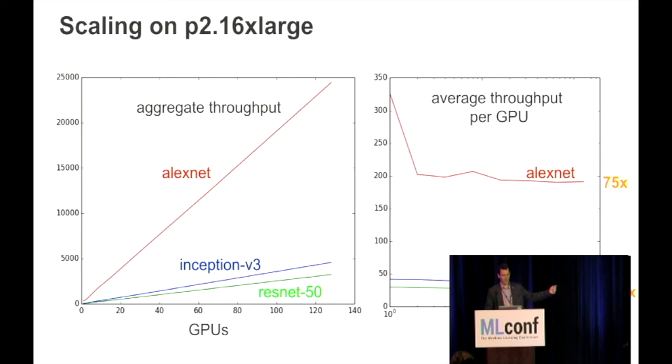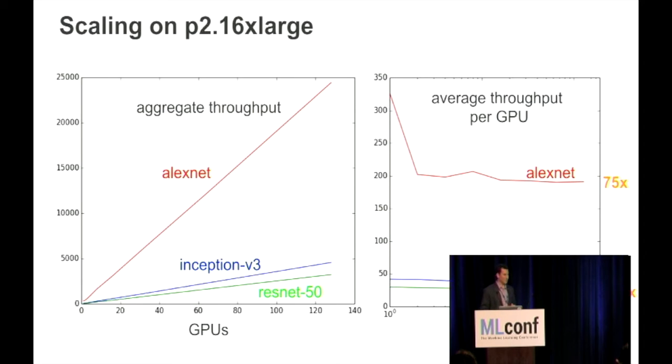That's why it goes from 10 to the 0 to 10 to the 2, because we took up to 128 GPUs. This is on our latest P2 16xlarge instances that came out about 2-3 weeks ago. And what you see is that for AlexNet, on 128 GPUs, you get a 70-fold speedup. And for Inception and ResNet, you get essentially 108-fold speedup. ResNet's a little bit slower because it's a more expensive architecture.